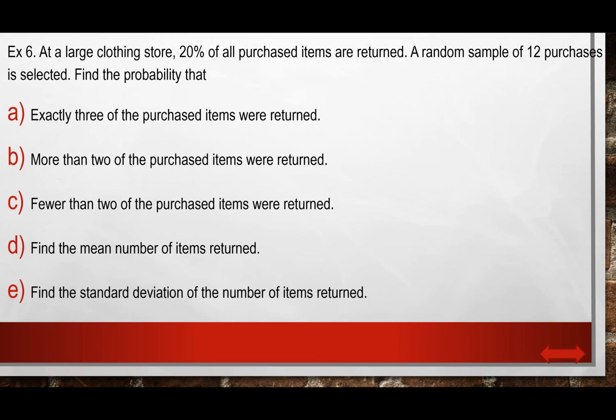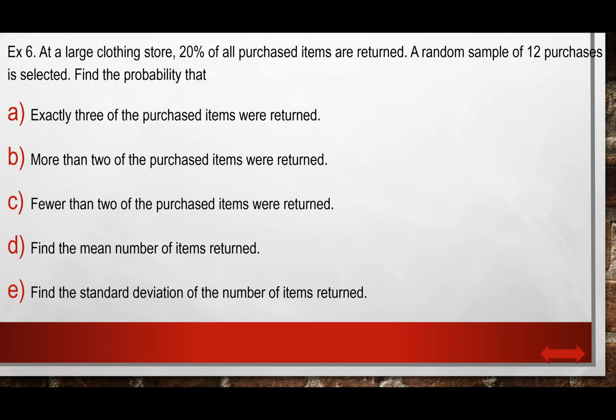Find the probability that exactly 3 of the purchased items will be returned. More than 2, fewer than 2, find the mean, find the standard deviation. So looking at this item here, remember in chapter 6, they give you the mean, they give you the standard deviation, and they actually find the probability of between, more than, or something like that. And in 6.4, they tell you to approximate something.